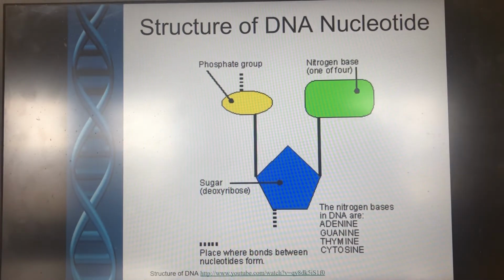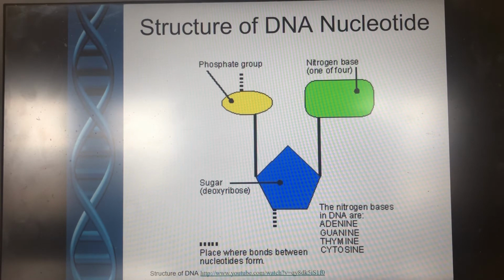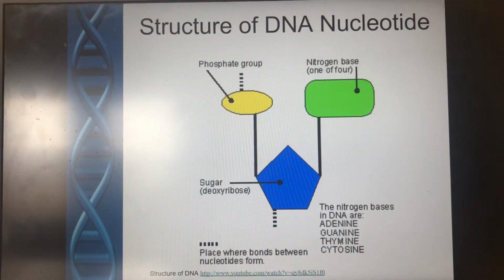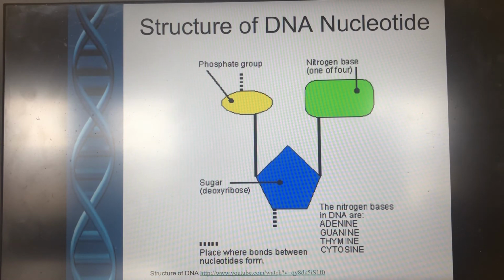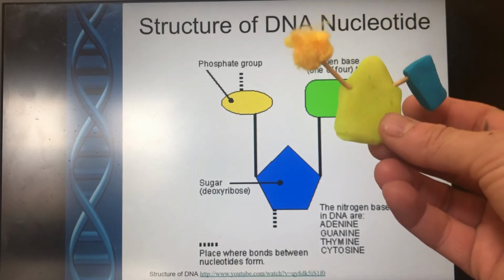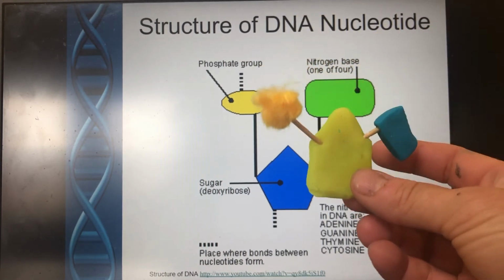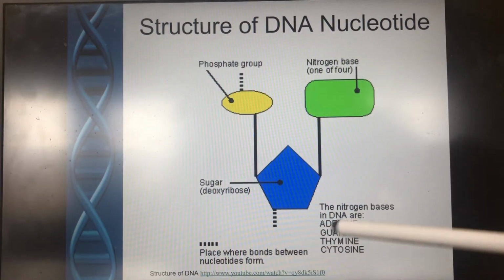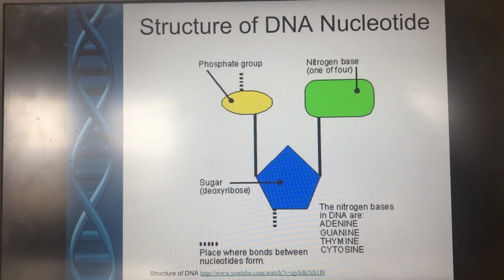It looks like dog hair got on it. Then you have the phosphate. And then we have to add a nitrogen base, okay? And here's our nitrogen base. And DNA is made up of a bunch of these units combined together. Again, there's a video link in your notes that's a quick video that I would highly suggest you watch.